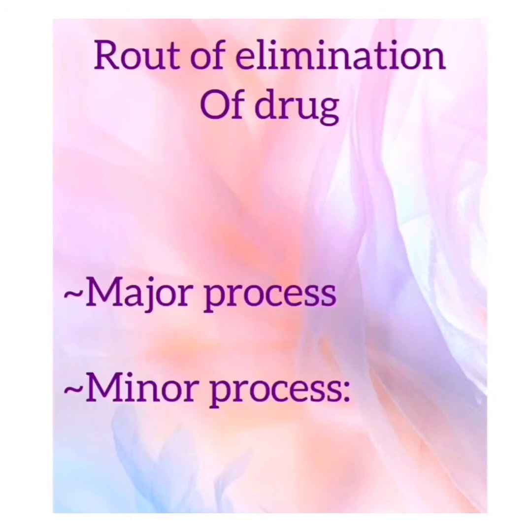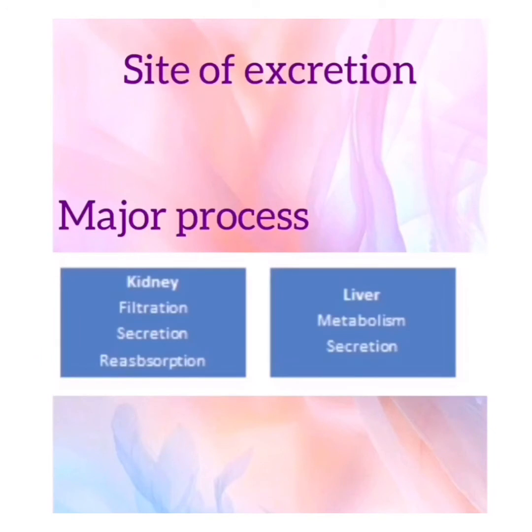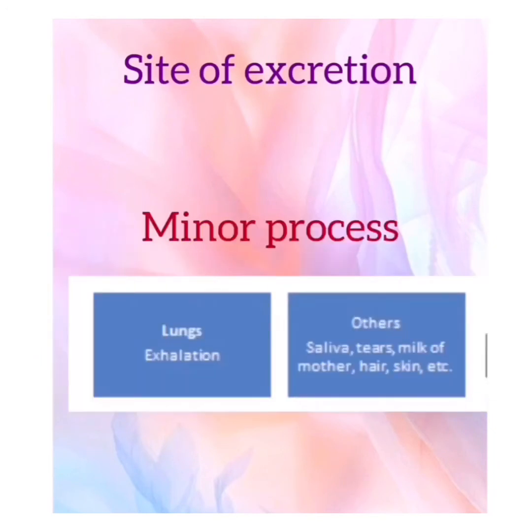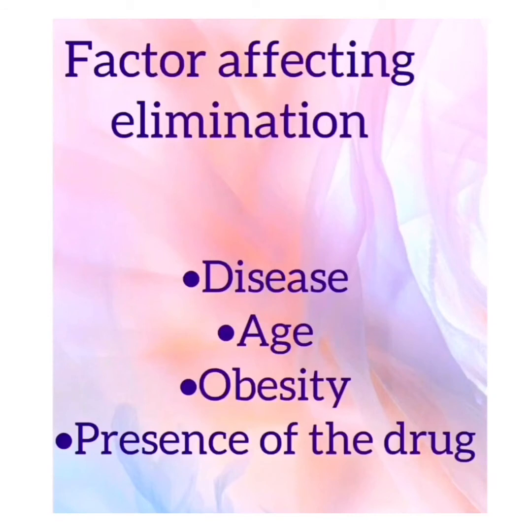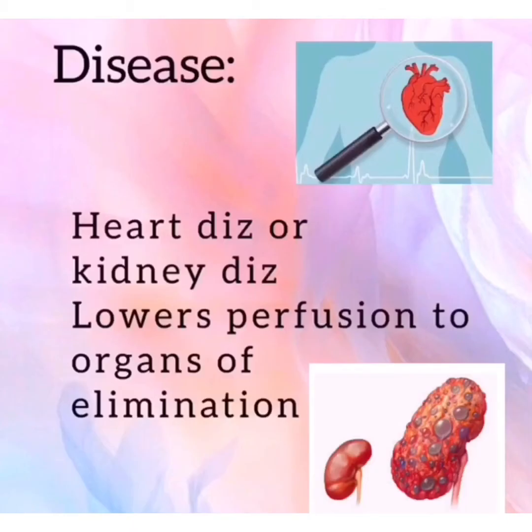We have two routes of elimination of a drug. Major one is done by kidney and liver, and the minor one done by lungs or others like saliva, tears, milk of mother, hair. Factors affecting elimination are disease, age, obesity, and presence of a drug. Heart disease or kidney disease lowers perfusion to organs of elimination.